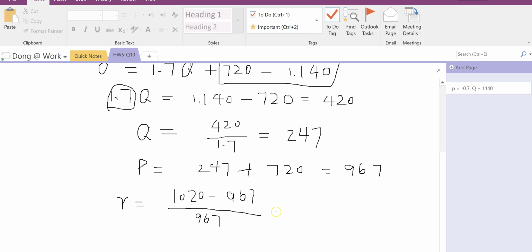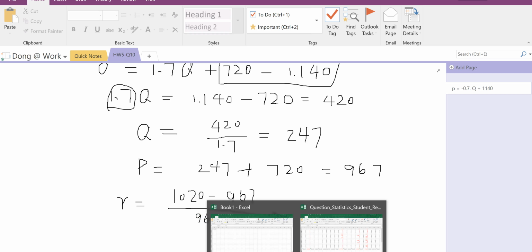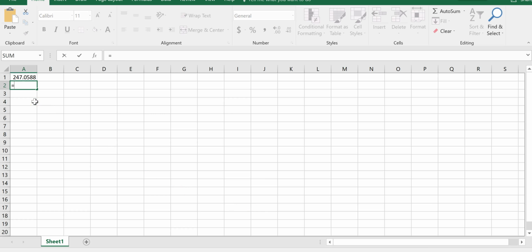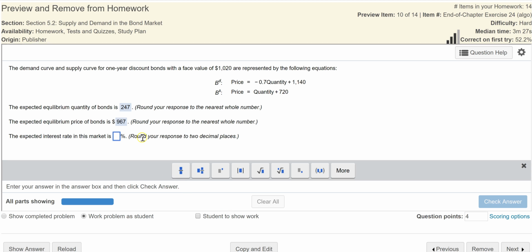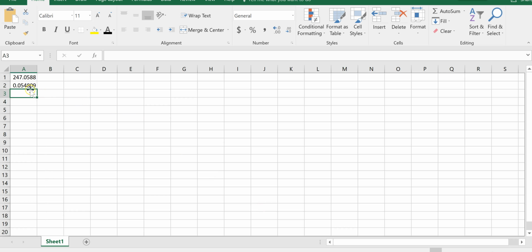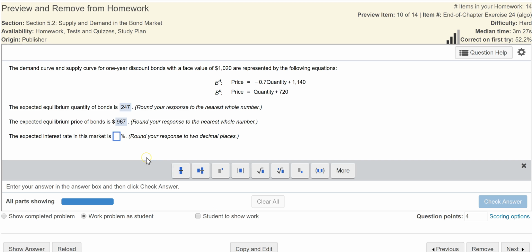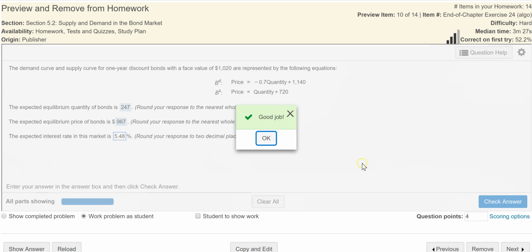That gives you the return, which is the interest rate here. So put those numbers into your calculator: 1,020 minus 967 over 967. That gives me 5.48%. I have to note the rounding requirement: round your response to 2 decimal places. You see that here it asks you to round to two decimal places, no longer the nearest whole number. That's why I said we need to be super careful. So the final answer here is 5.48%.